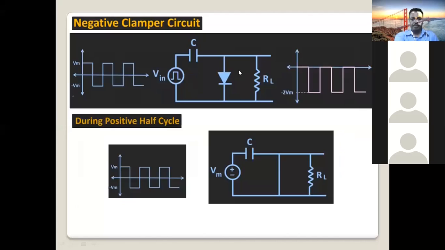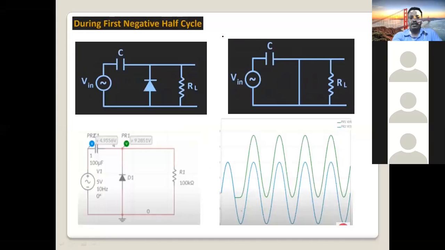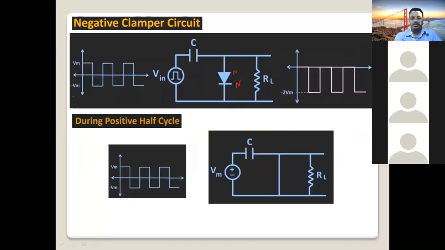The P side now is here, N side here. This is a negative clamper circuit. Previously, for positive clamper, this is N side, this is P side. Now flip it, it becomes negative clamper.